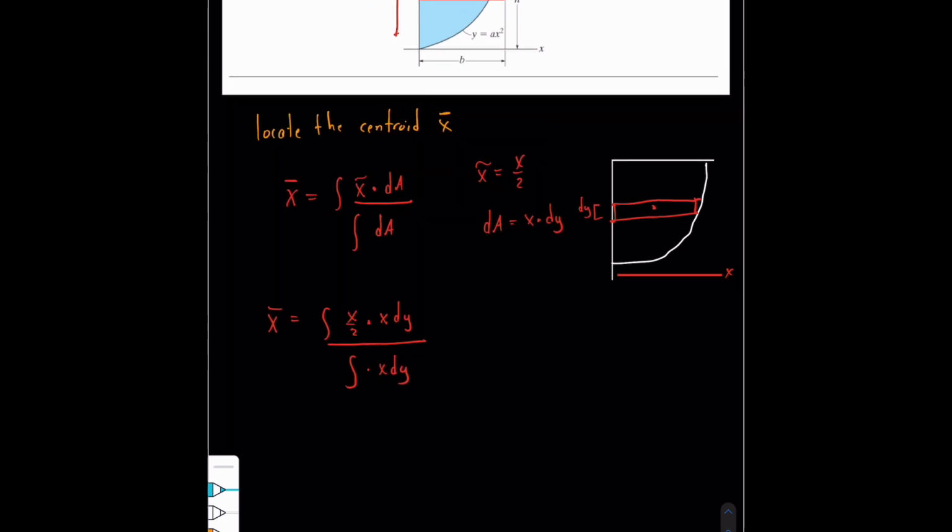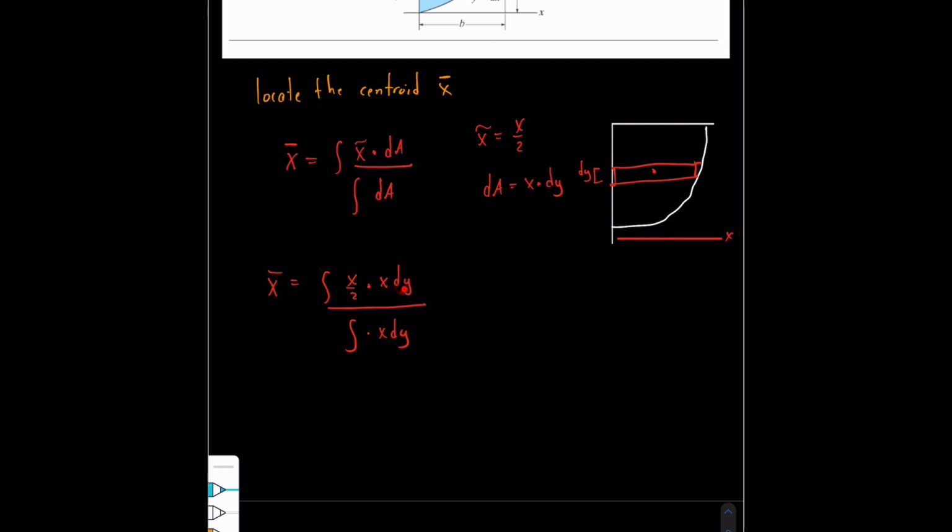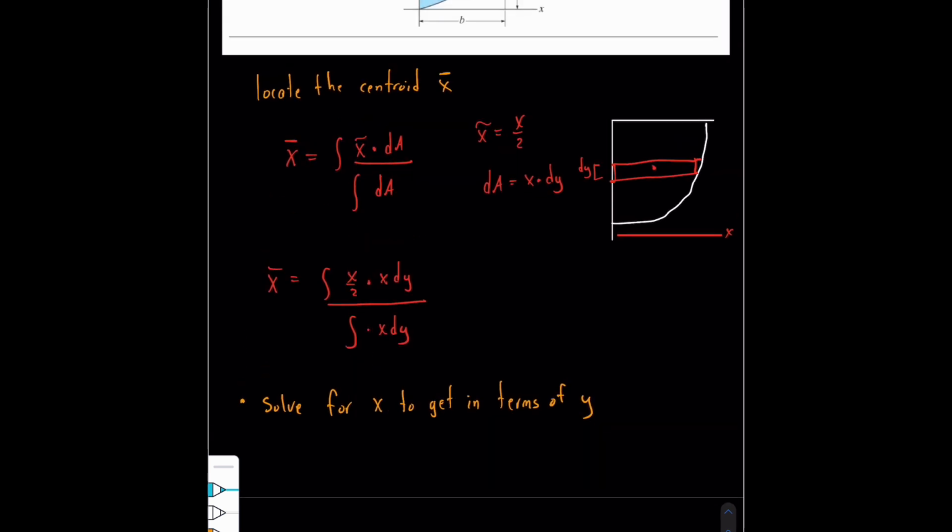Okay, now notice here how we need to do an integral. However, this is in terms of dy. So this means we need to get x in terms of y. We need to solve for x, basically. And we have this equation to do so. First, I'm going to write this: solve for x to get in terms of y here.